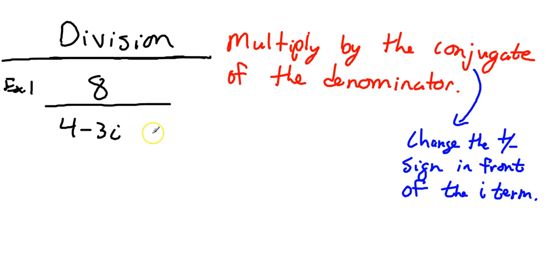So for this problem, there's our denominator. The conjugate is going to equal 4 plus 3i.